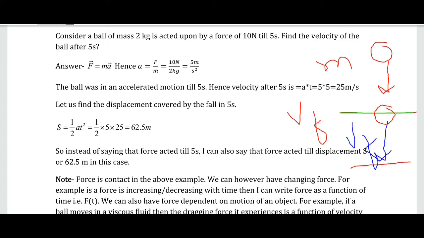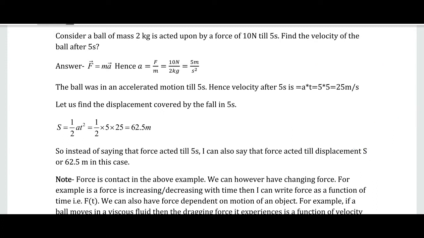It's not going to increase in velocity, because the moment the ball reaches the green part I switched off the gravitational force, so there isn't going to be any acceleration too. So what I want to depict here, a very important point, is that acceleration exists till force exists. Once the force is gone, acceleration is also gone.